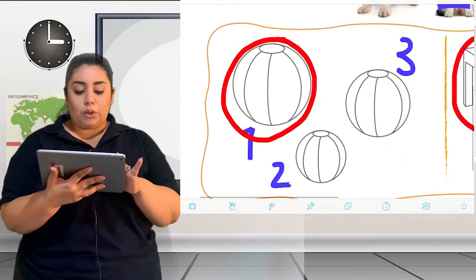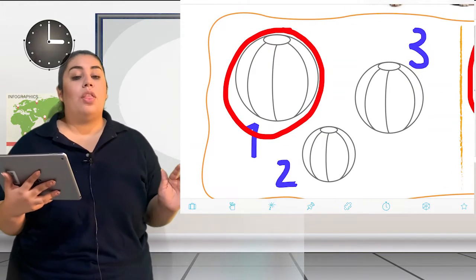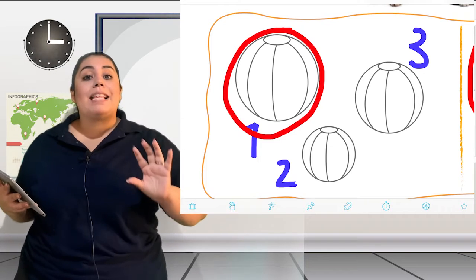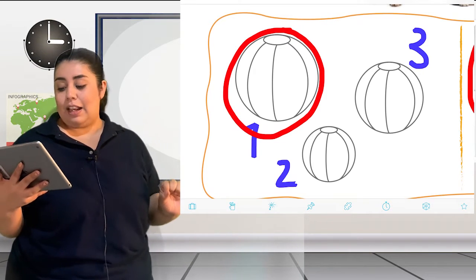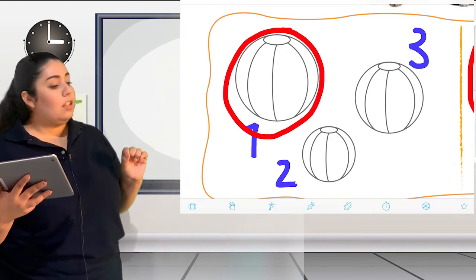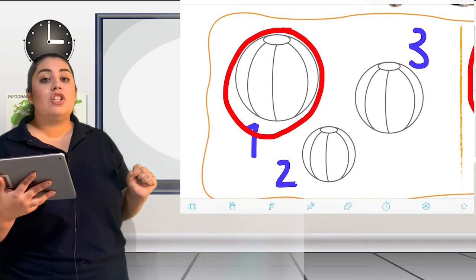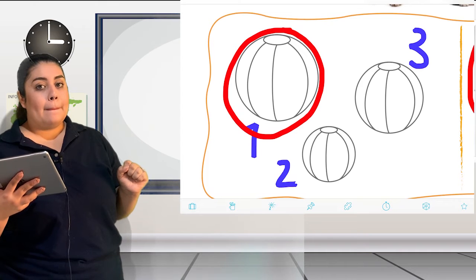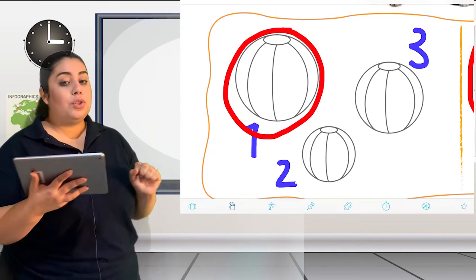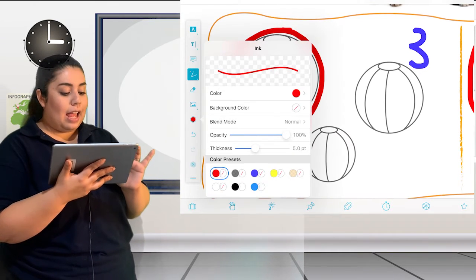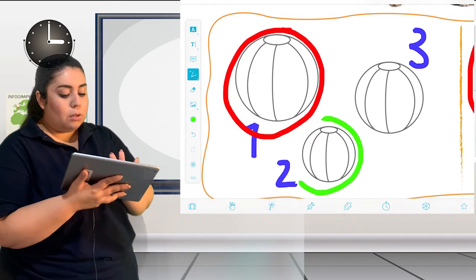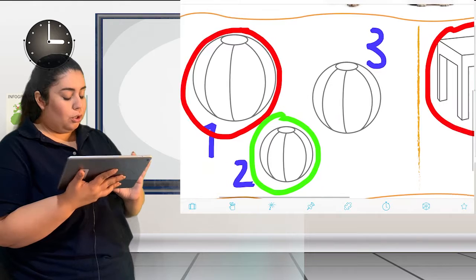Now with color green, we are going to circle the smallest. El smallest, más pequeño. César, which one of these, 2 or 3, is the smallest? The number 2. Thank you, Cesar. Color green. Remember, I told you color green. The smallest is the number 2.